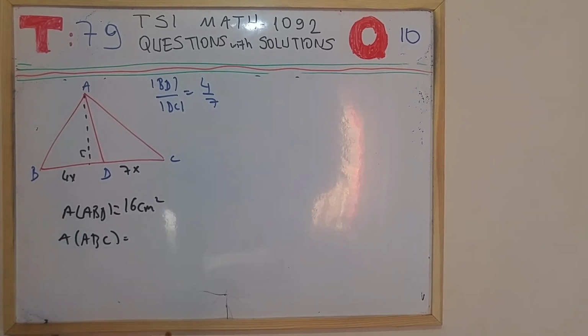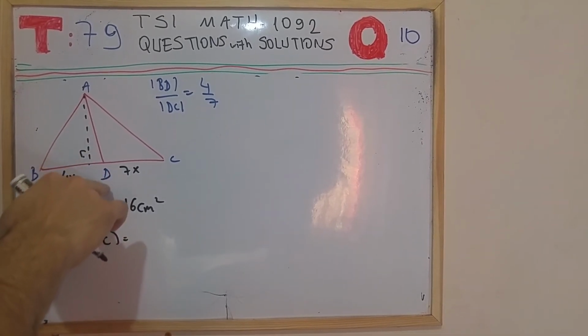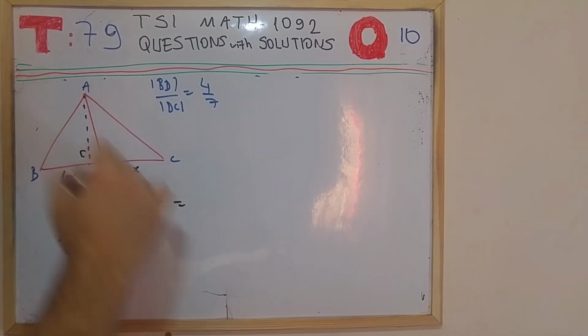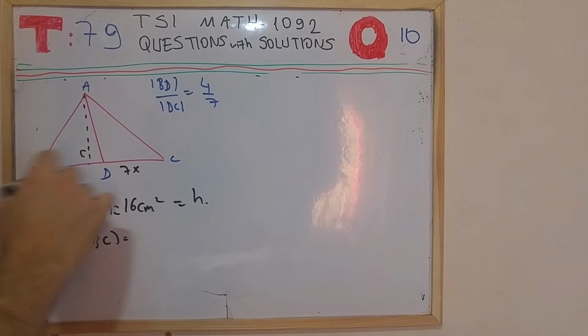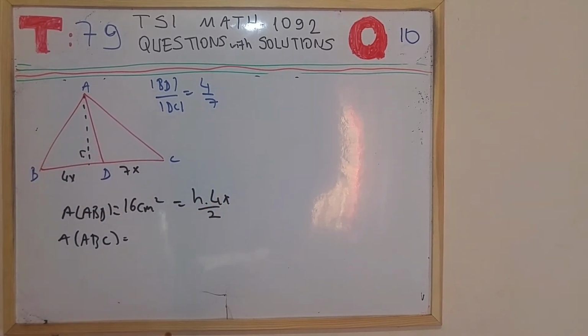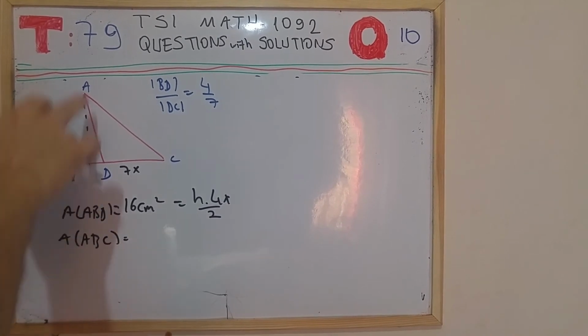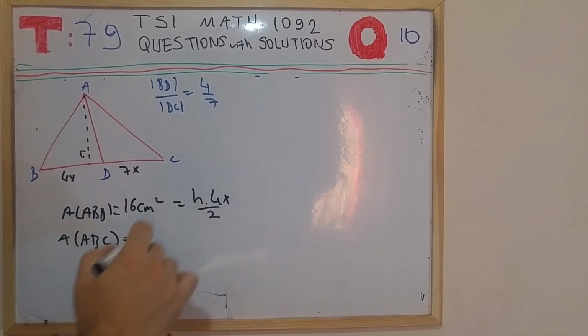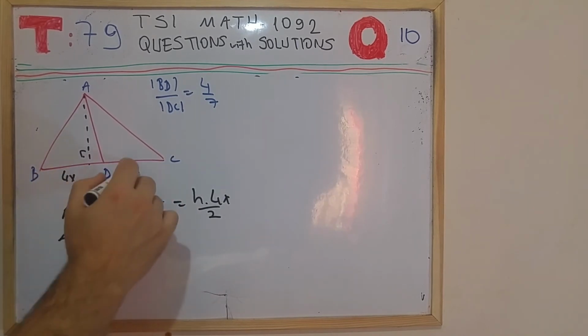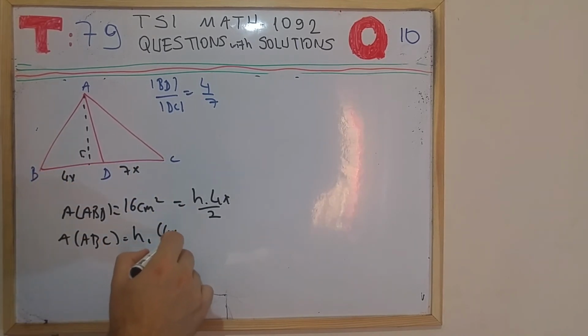ABC. Now the area of ABD is equal to this height, which I don't know anything about, times 4x over 2. For the area of ABC, what I need to know is this h again times the base, which is BC now, equal to 4x plus 7x, over 2 again.